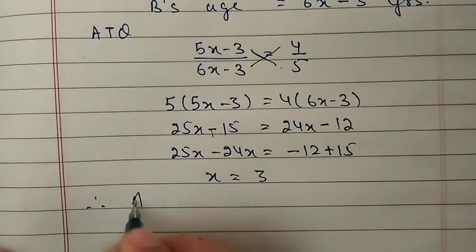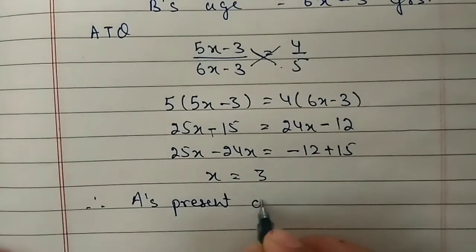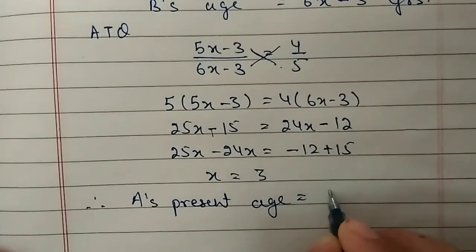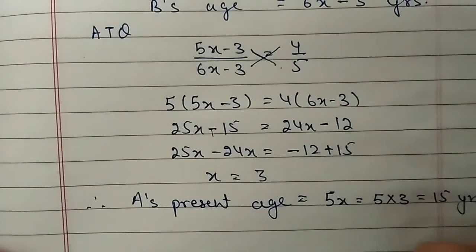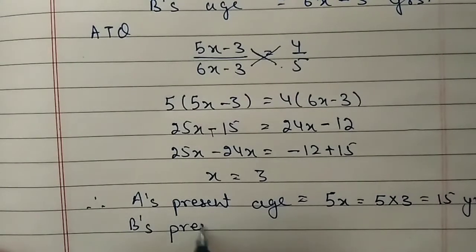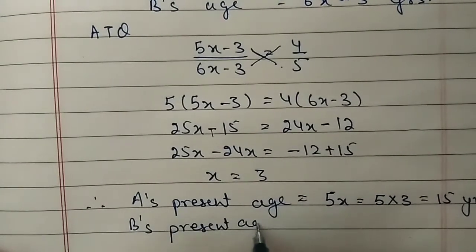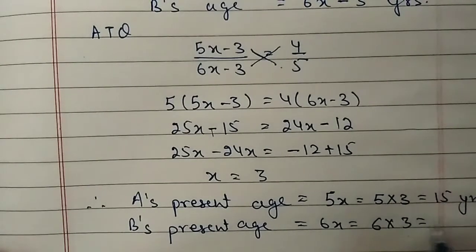Therefore A's present age is 5x means 5 into 3, 15 years. And B's present age is 6x, 6 into 3, 18 years.